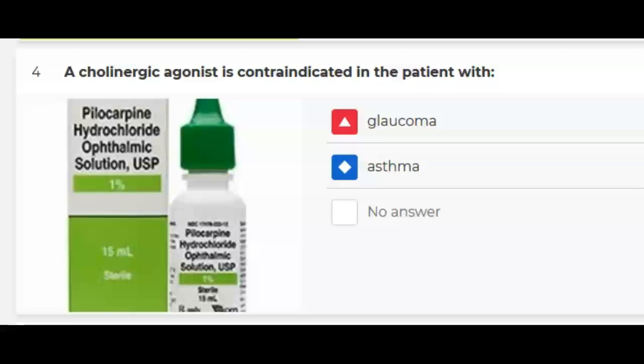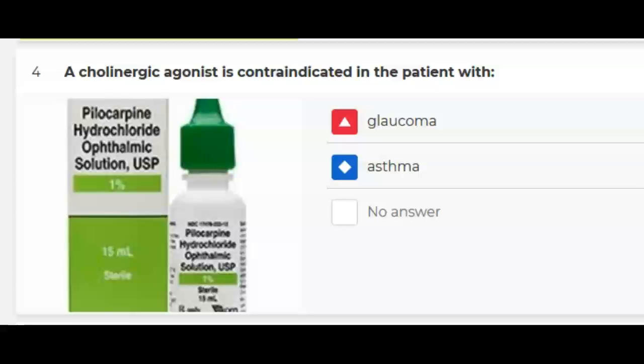The cholinergic agonist is contraindicated in the patient with, correct answer is asthma. So the 2 big contraindications with adrenergics and cholinergics you need to know are glaucoma and asthma. So a cholinergic agonist is going to allow the parasympathetic system to show its signs and symptoms in the body, right?